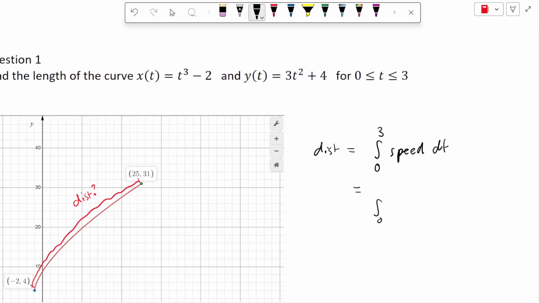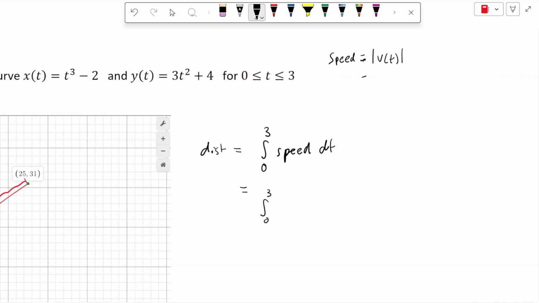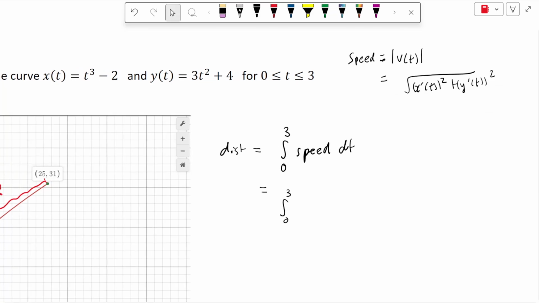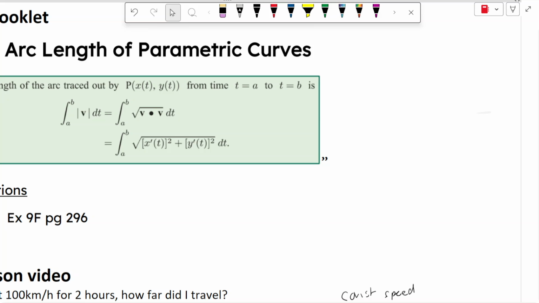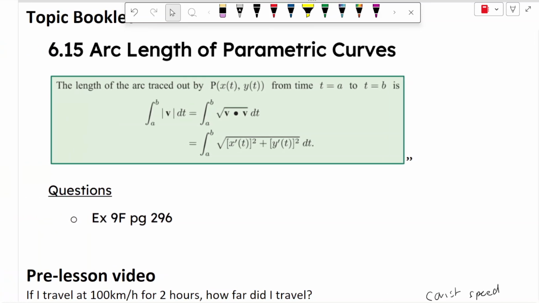Speed was the modulus of velocity, and that is the square root of x dash of t squared plus y dash of t squared. So if you want to find the distance, what you've got to do is essentially integrate that thing.